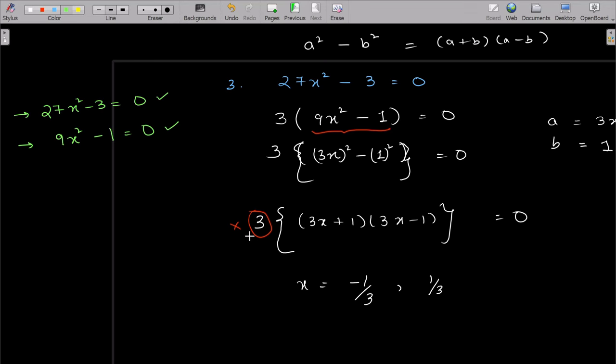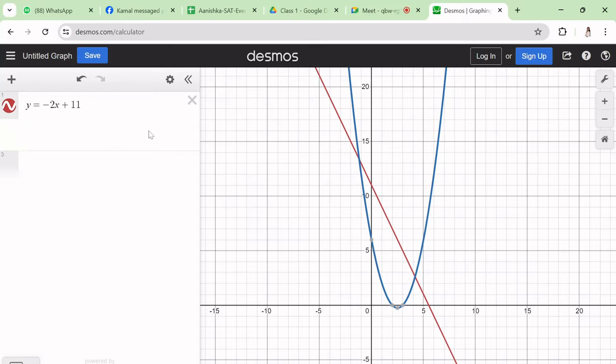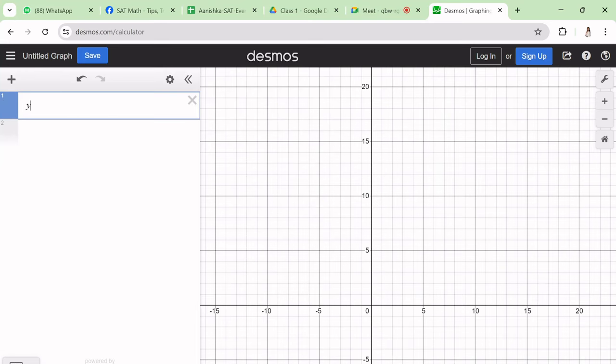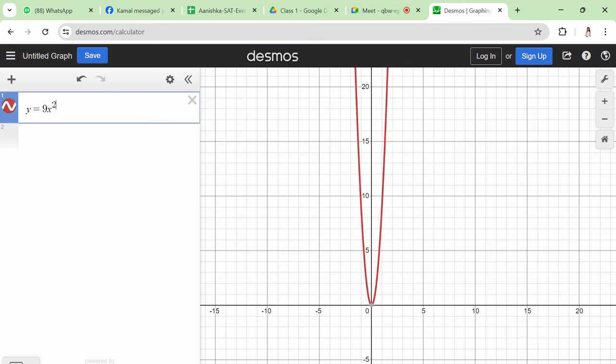No, this 3 will actually, if you plot the graph of 9x square minus 1 and multiply the entire equation by 3, then the parabola will either shrink or flatten out. So y is equal to 9x square minus 1 is this parabola, and if you multiply this with 3, you get 27x square minus 3.